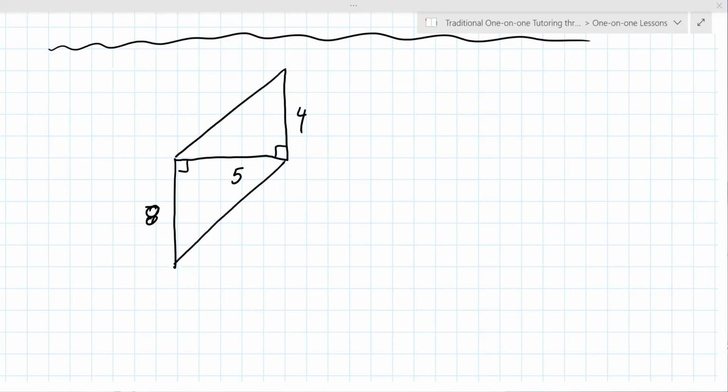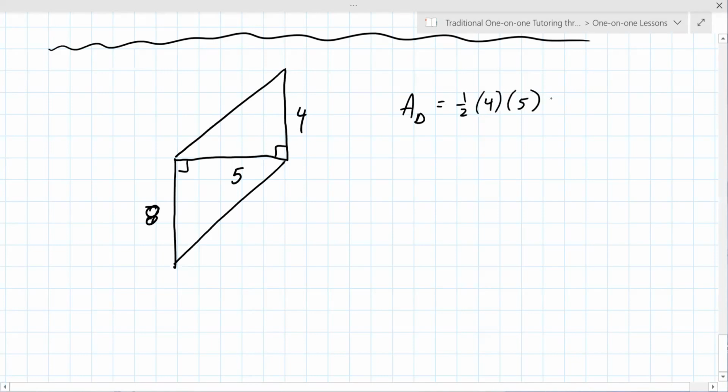The area of a triangle is 1/2 base times height. 8 times 5 is 40, divided by 2 is 20. The other is 10. Then you add 10 plus 20 together, which is 30. Perfect. Very good.